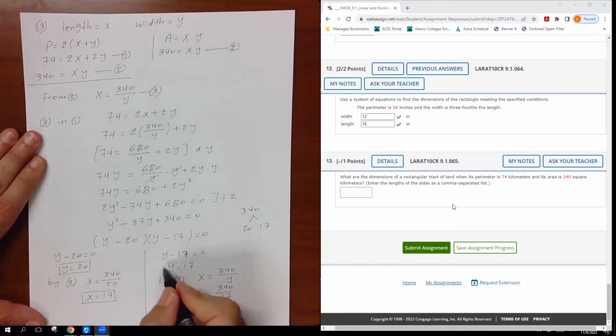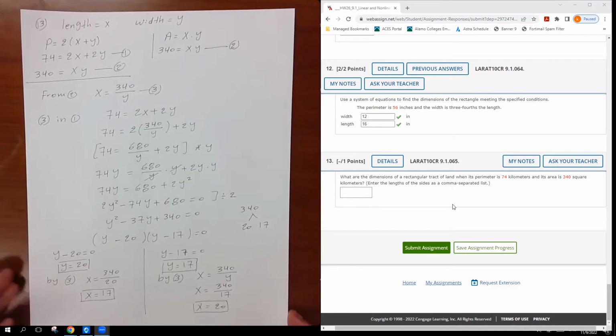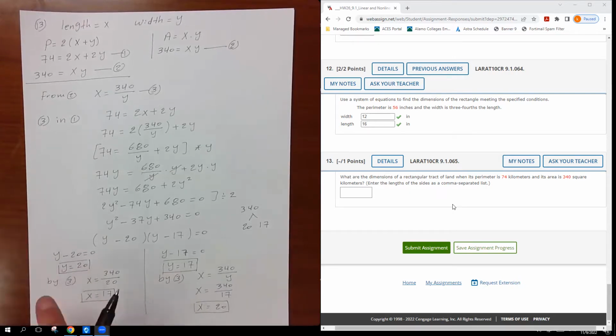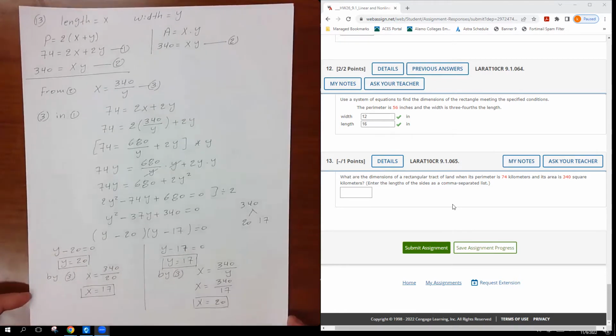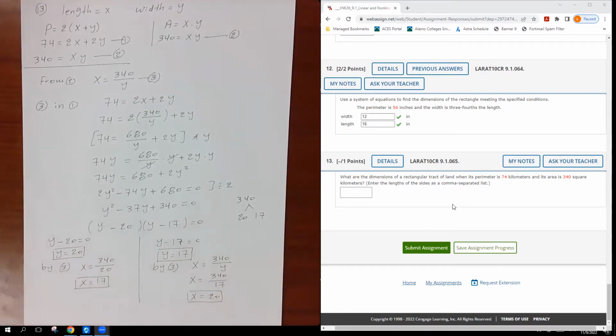So check the dimensions, one is the opposite of the other. That means if you have the width 17, the length is 20. If the width is 20, the length is going to be 17, so it's the opposite thing. Here they didn't tell you, just enter the lengths of the sides separated by a comma. So that means we're going to put 17, comma 20.